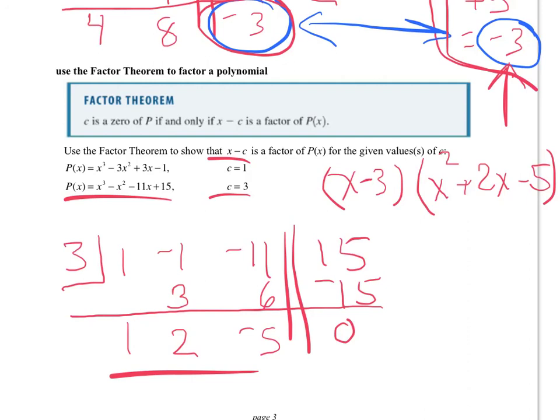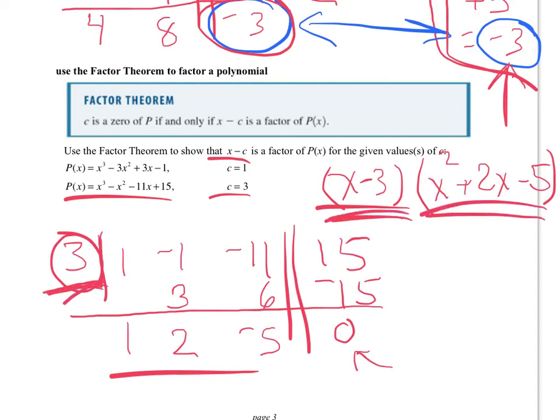So this is as factored as we're going to get. We know that 3 is a 0, right, because x minus 3 is a factor, and vice versa. We also know that since we got 0 in our synthetic division, that 3 is a 0, and x minus 3 is a factor, and that's the other factor.